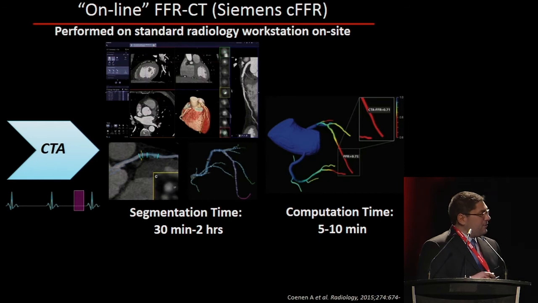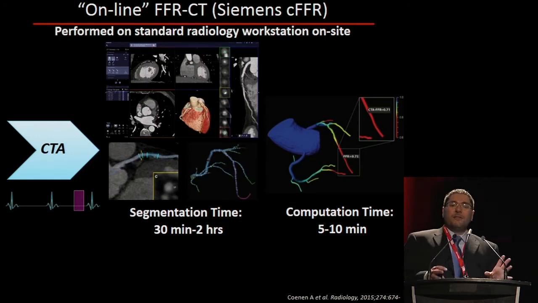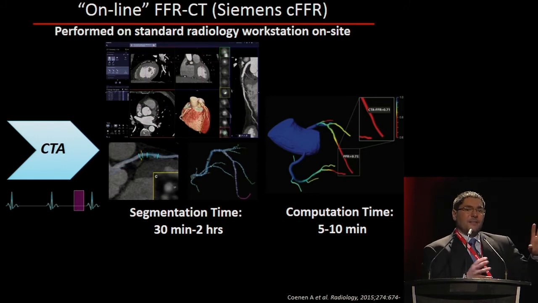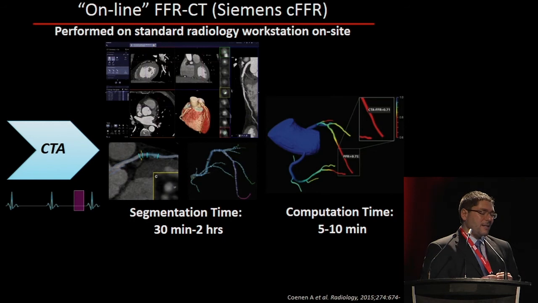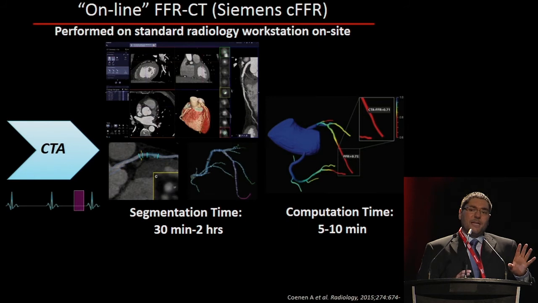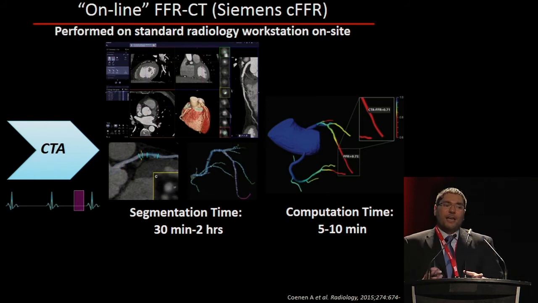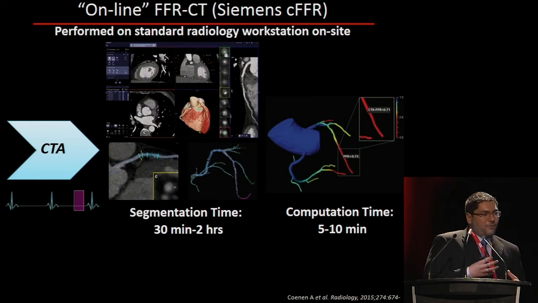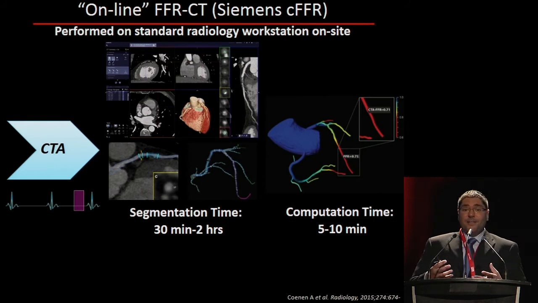Now, why do you actually do this? The reason is that it uses a completely different approach, and this is the reason why I showed the technical slide at the beginning of the FFR-CT with the coronary diameters and Murray's law. Now this method said, well, we don't really need to go back to anatomy and diameters. Maybe there are other ways to tease out what the flow in the coronary arteries is for a particular patient from the CTA.